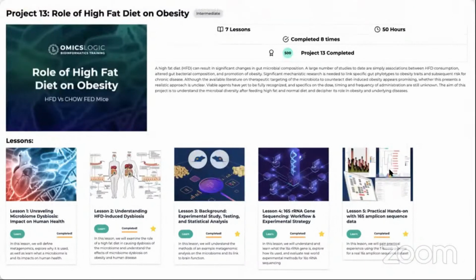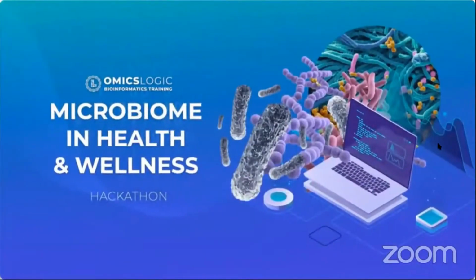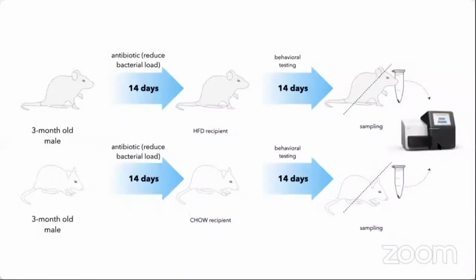When you get your subscription, you can be introduced to this project. This is an extremely interesting project where the aim of the study is to test the hypothesis that the obesity-associated microbiome undermines behavior even in the absence of obesity.